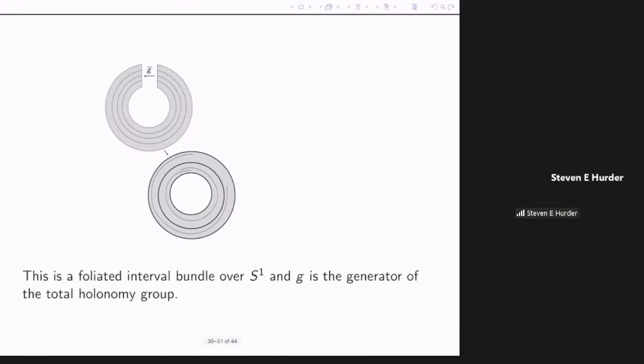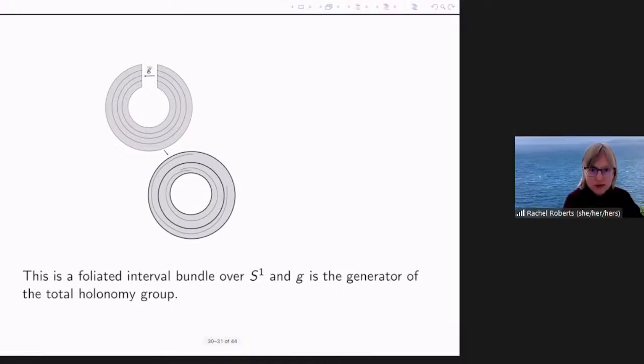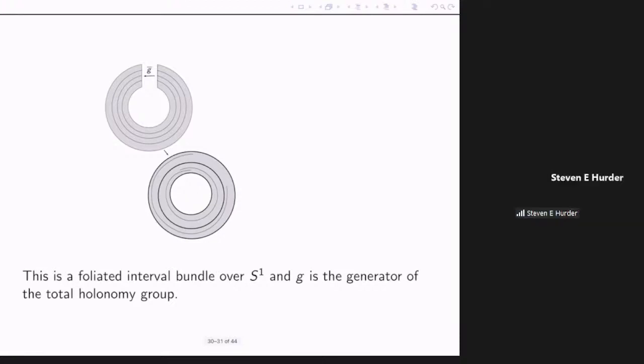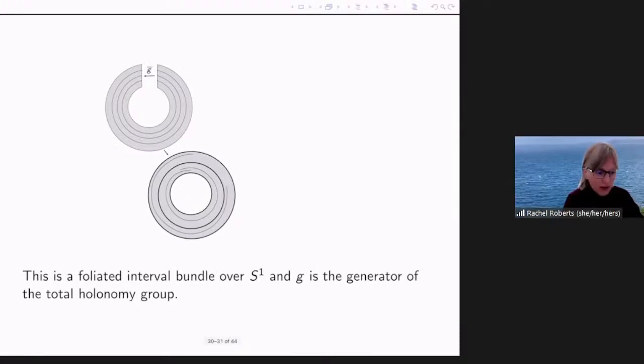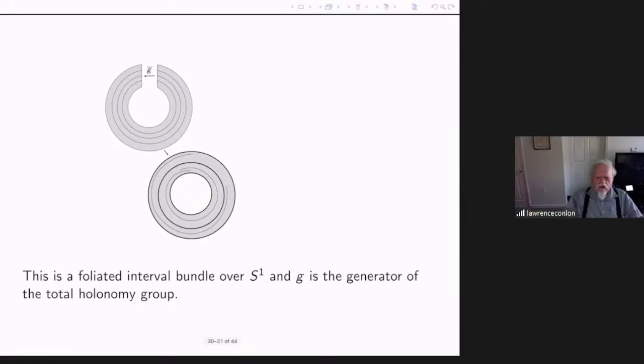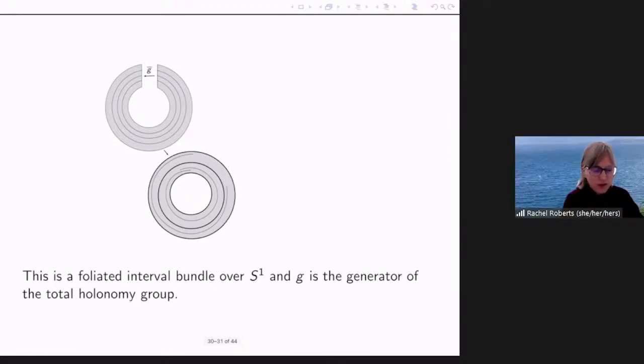They're different. But you can't see the next slide, can you, Steve? I see a foliated interval bundle over S1. Oh, okay. I scrolled to the next page. Does anyone have any suggestions?